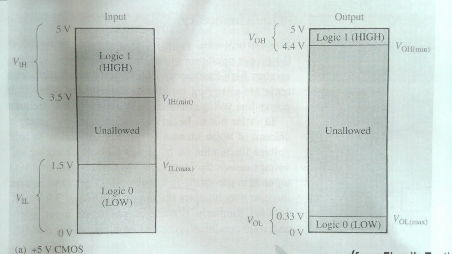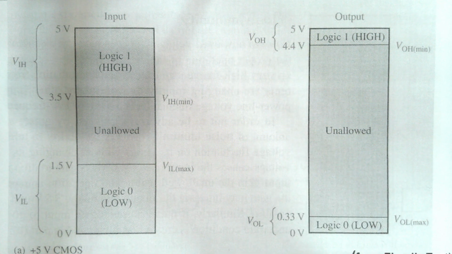On the logic low side, 0 to 0.33 volts is the range of voltages when this technology outputs a logic 0. So anything within that 0 to 0.33 volts range is specifying a logic 0 on the output ports.